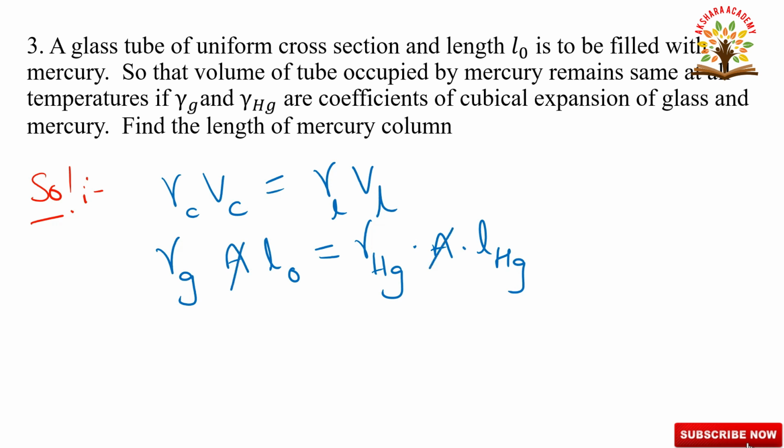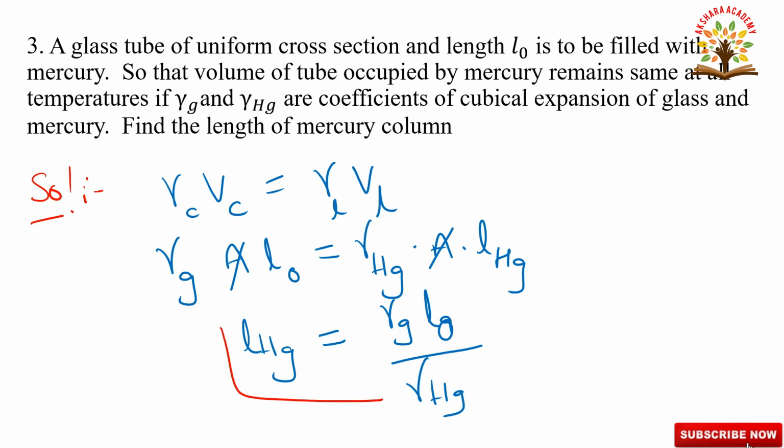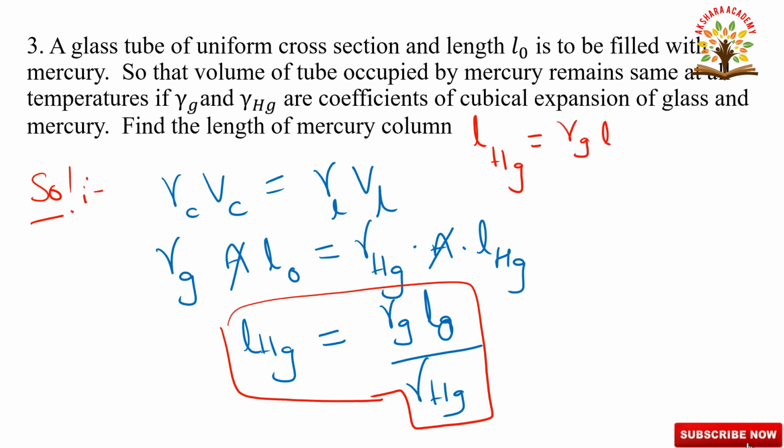Next, length of mercury column is equals to gamma G into L0 by gamma Hg. This is the final answer. Length of mercury column L Hg is equals to gamma G into L0 by gamma Hg.